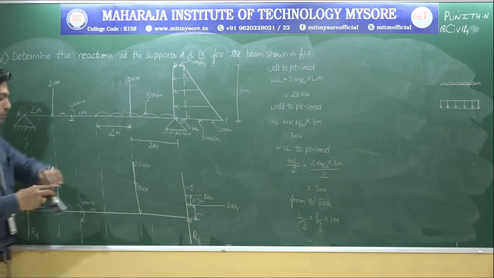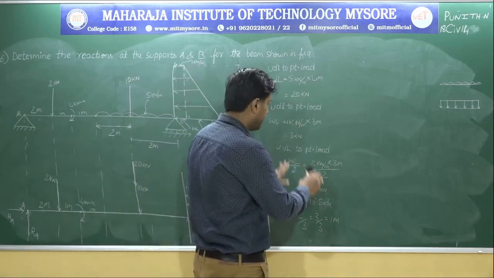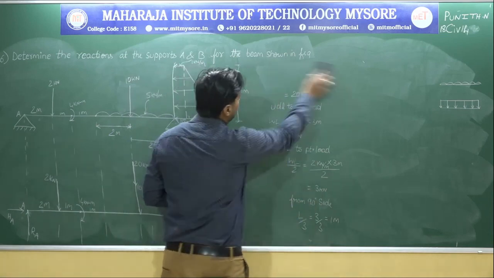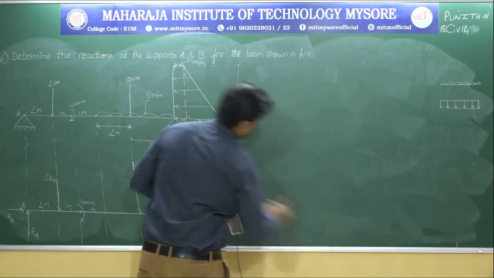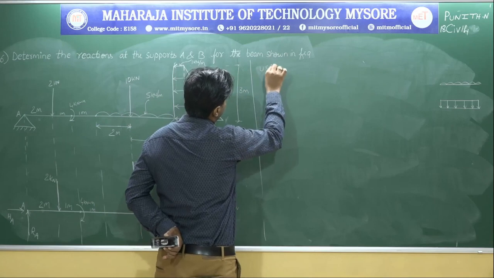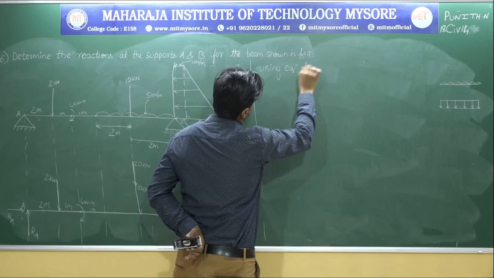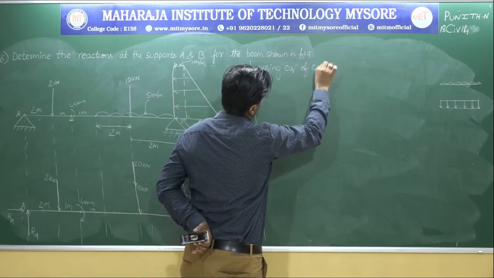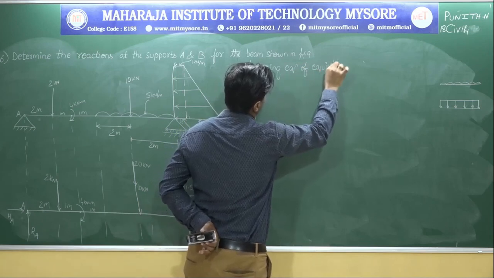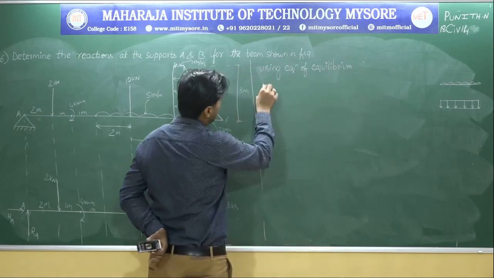So now let me just move on with the equations of equilibrium. I will be rubbing this. Okay, so now let me go fast. Using equations of equilibrium, now we will be having more horizontal force.